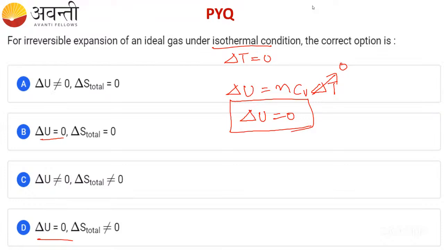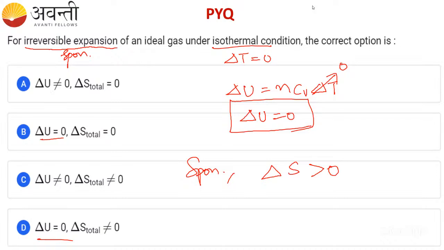Now, how to find out the delta S using the statement? The statement says that it is an irreversible expansion. An irreversible process is always spontaneous. For all spontaneous processes, delta S will be greater than 0. The entropy of the universe will be greater than 0.